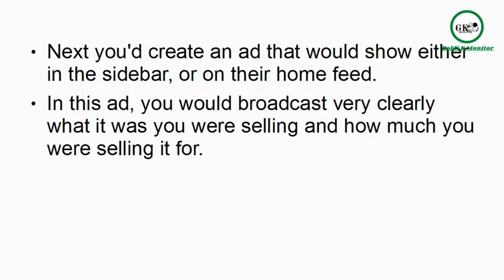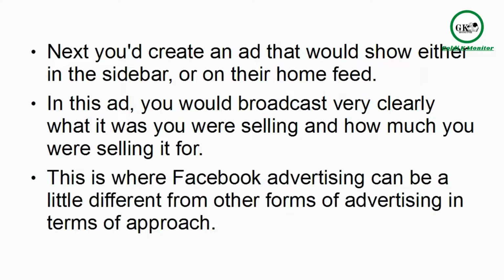You'd want to have a nice graphic, perhaps showing somebody working out like we did in the last slide. You will want to have something that would scream out to anybody who saw it exactly what this ebook was about. So you could eliminate anybody who didn't want to buy it, because this is where Facebook advertising can be a little different from other forms of advertising in terms of approach.